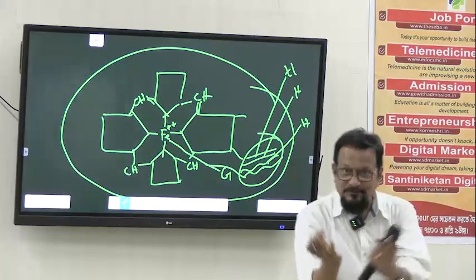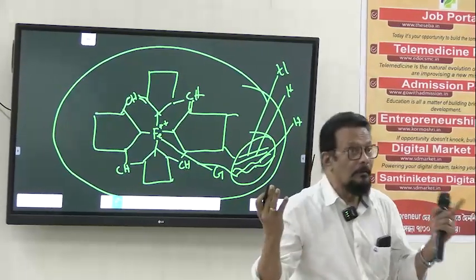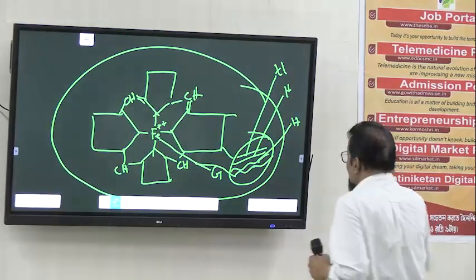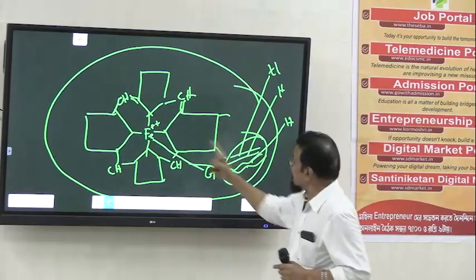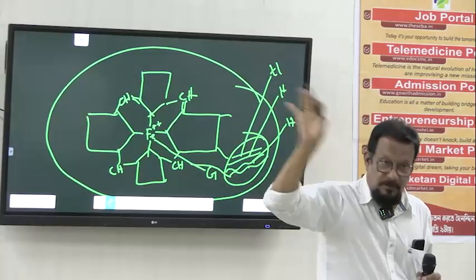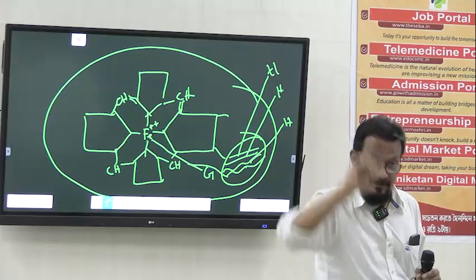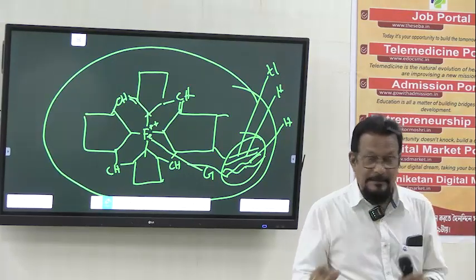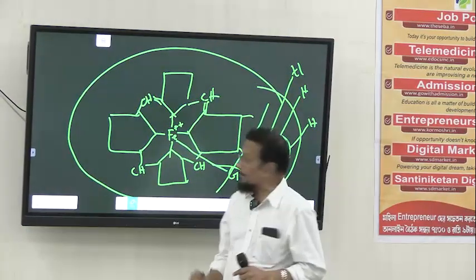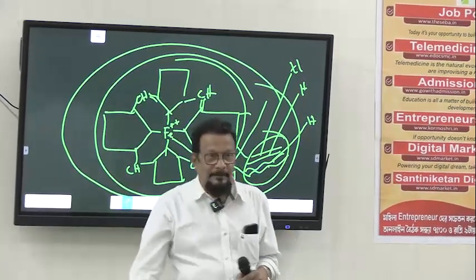So one molecule of hemoglobin will have how many heme? 4. So when the macrophage splits one molecule of hemoglobin, it will produce 4 globin chains and 4 heme moieties. So ultimately, when the bonds are broken, we get this heme part.